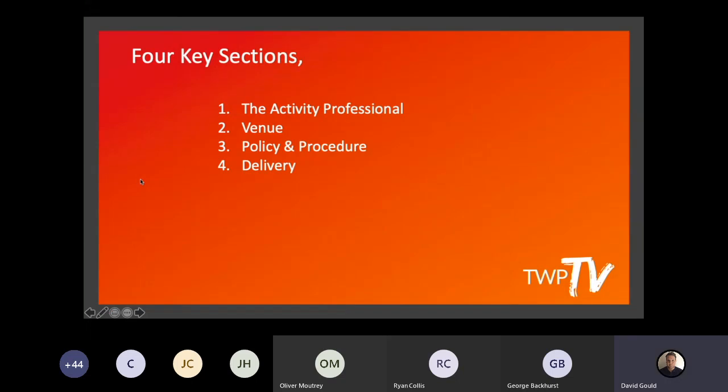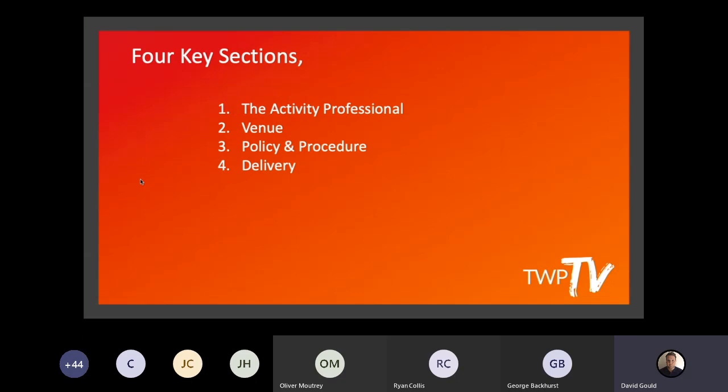Silence is golden. And yes. Okay. So the 4 key sections we're looking for. So section 1 is the activity professional. So there's an area dedicated directly to, as an AP, can we tick off and achieve 100% of that section to know that we are fully prepared for our club?